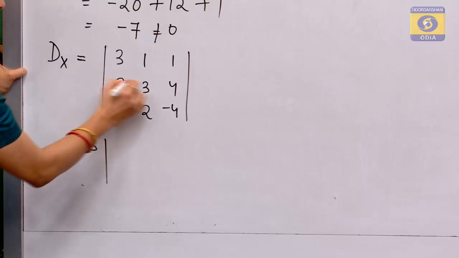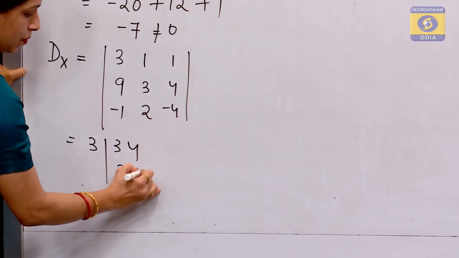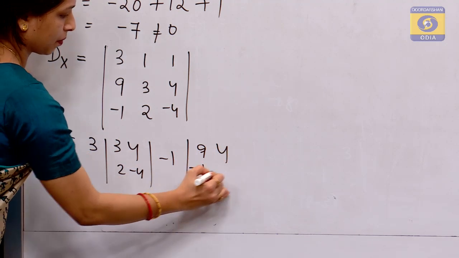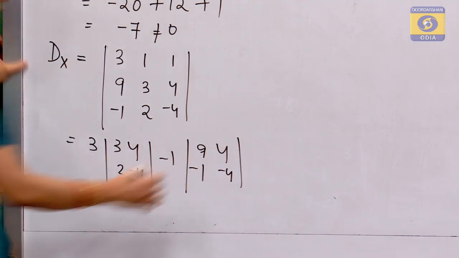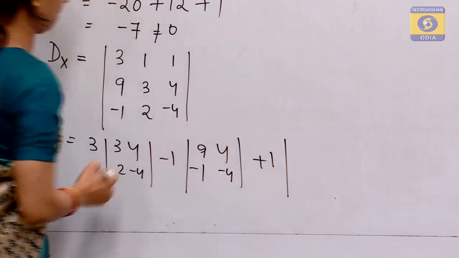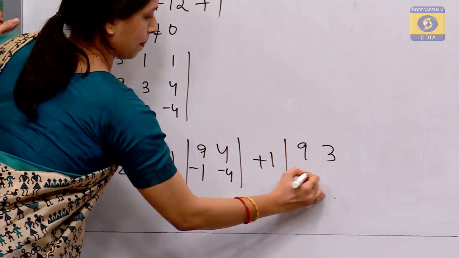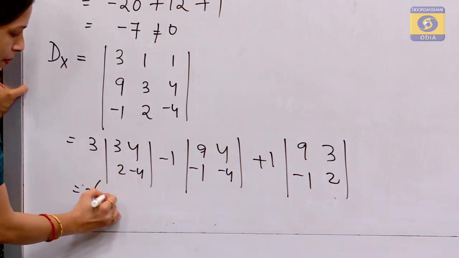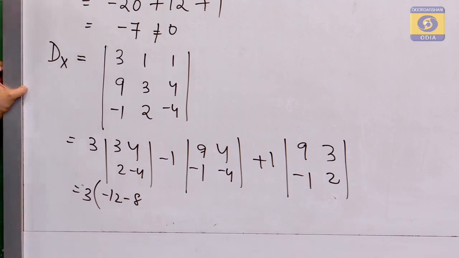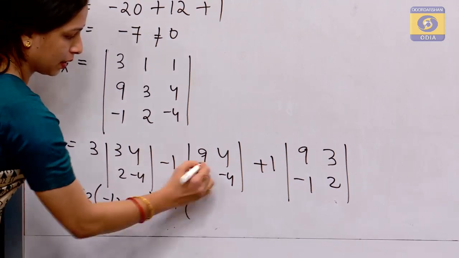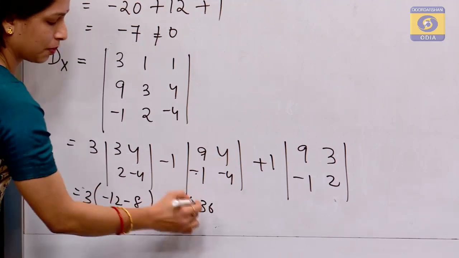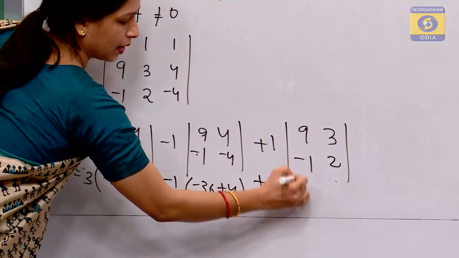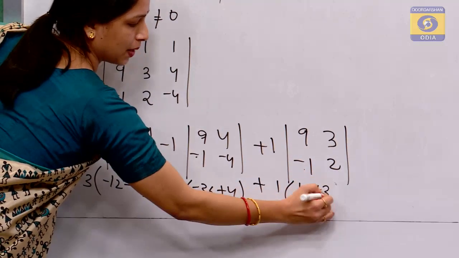So, 3, then minus 1, and then, okay. So, here we get 3 into minus 12 minus 8, minus 1 into minus 36, minus into minus, so it becomes plus 4, and here 1 into 18 minus minus 3, which means plus 3.